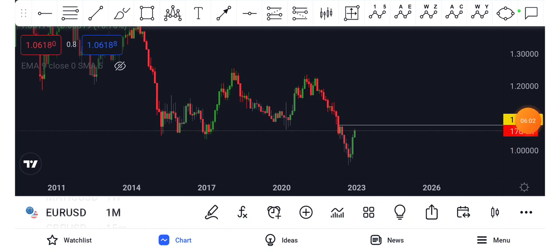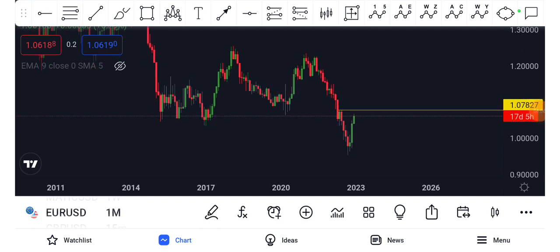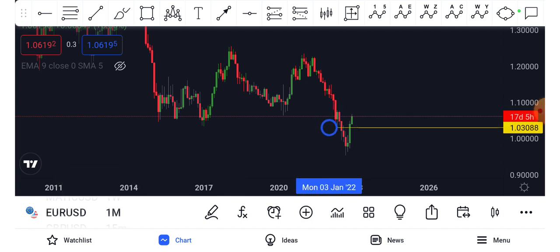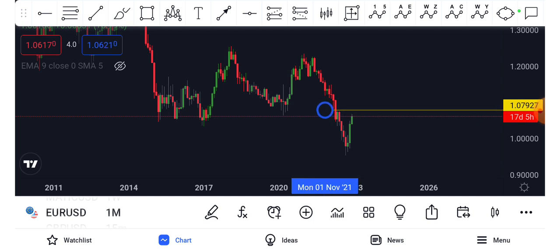So as long as we trade below this point, it means we are still going down. But by the time we break this point, it means we're going up. So what do we do? How do we know where we are and what we need to do?